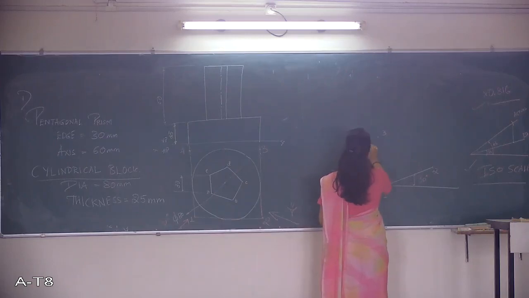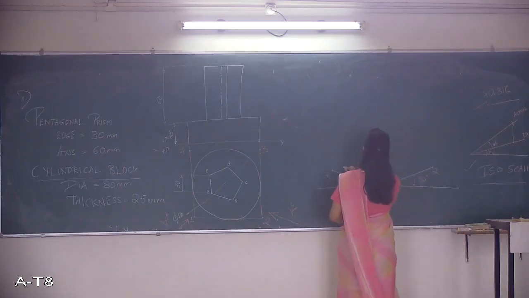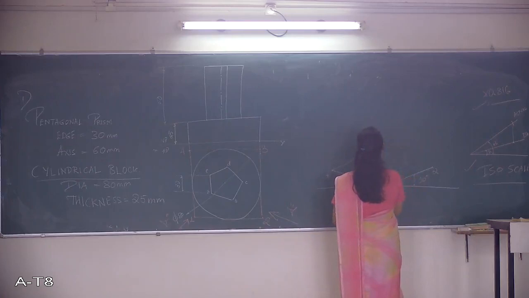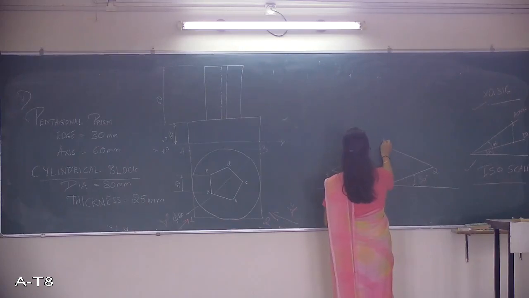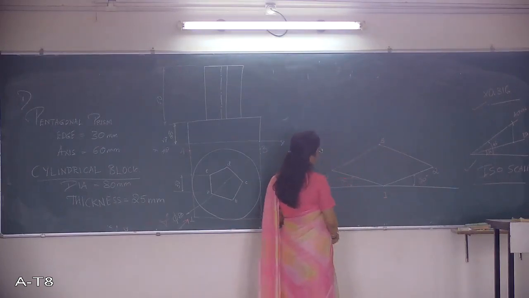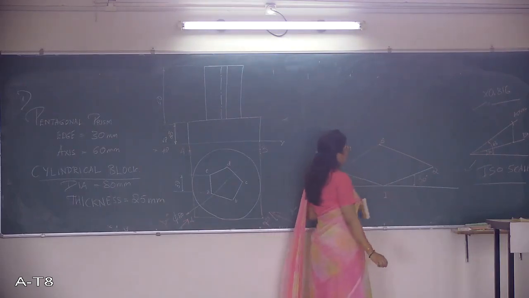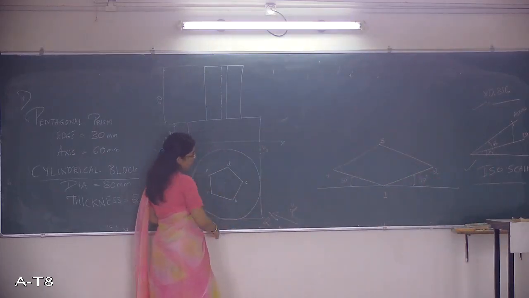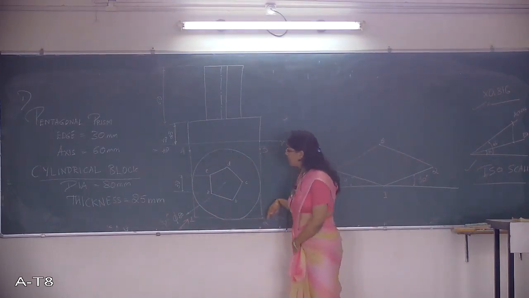Once you get these points, you have to join them. So this is how you get this square box here.